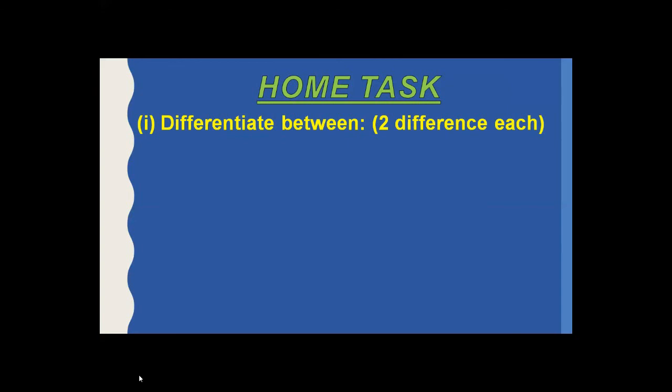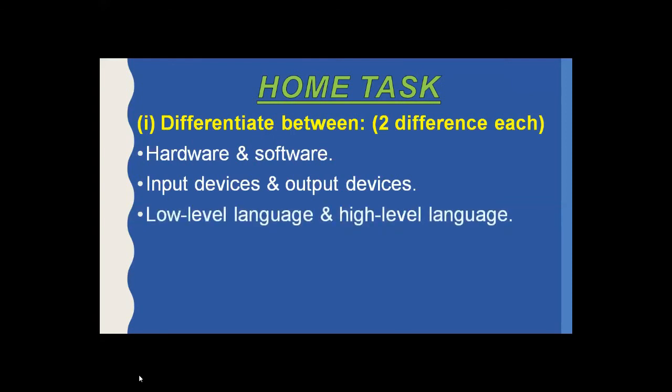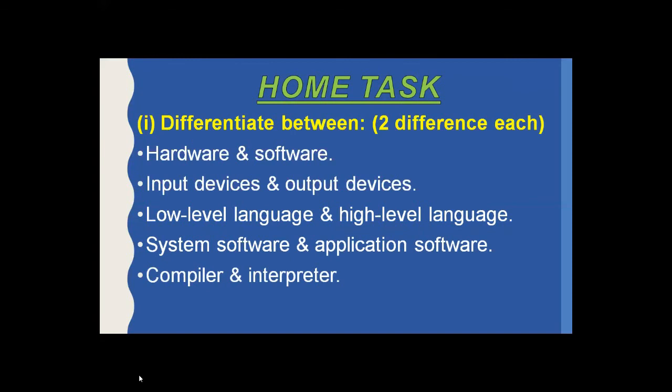Our first question is: differentiate between hardware and software, input devices and output devices, low level language and high level language, system software and application software, and compiler and interpreter.